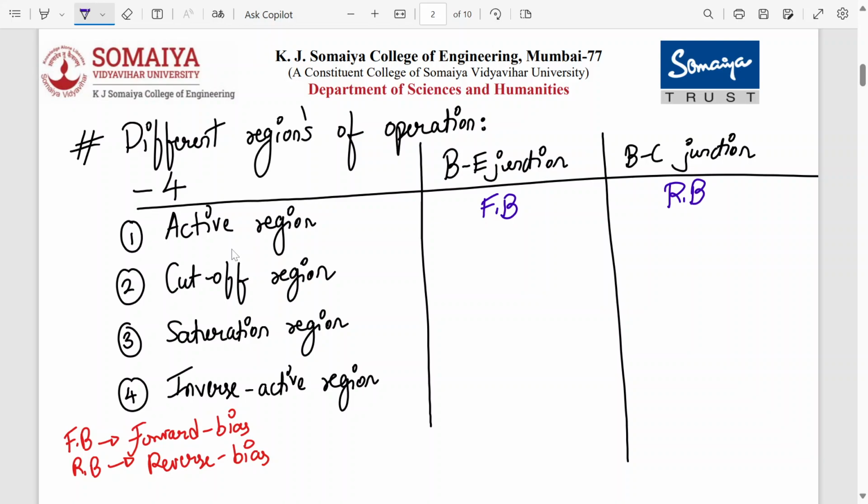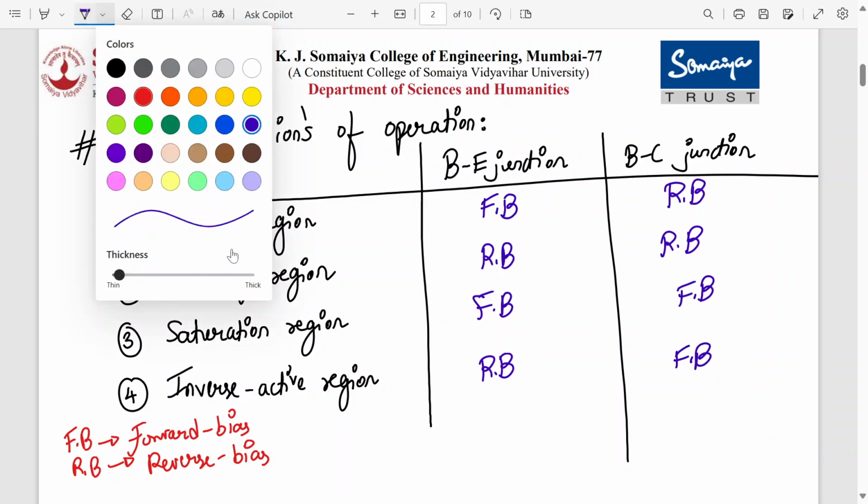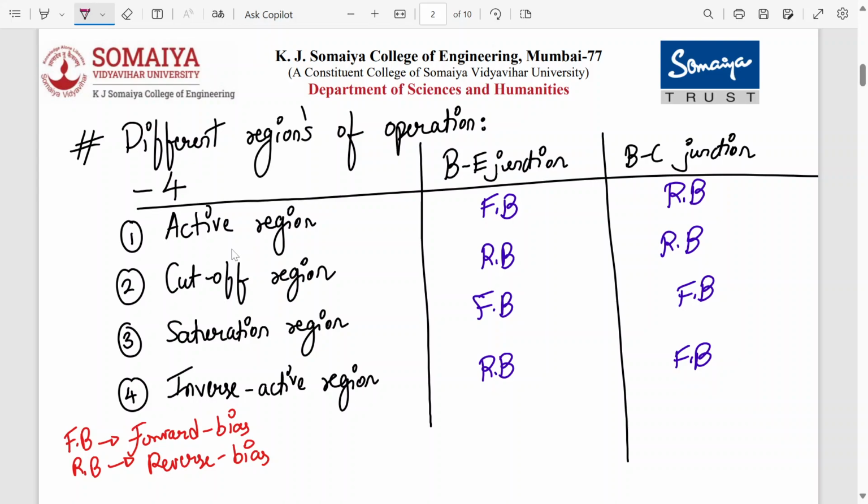In the cutoff, both should be reverse bias. In saturation, both should be forward bias. And inverse active should be opposite of the active region: base emitter should be reverse bias, base collector should be forward bias. The last option, we don't use it at all. Just for your knowledge, it is there, but it is not used.